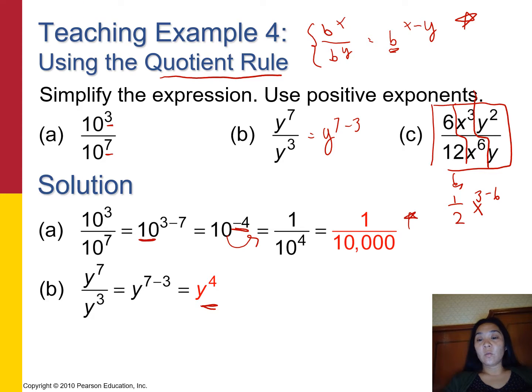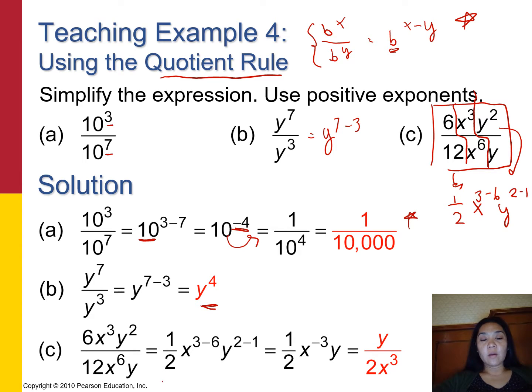And then this is y, notice right here, to the 2 minus 1. They write all of that here for you, but this is why they do it. We do each part separately. And so it's simplified to 1/2 x to the negative third power times y. If we want to get rid of that negative exponent, you bring the x down here with the 2.